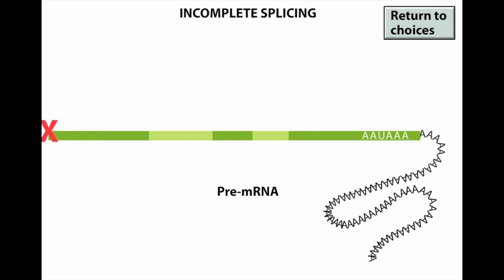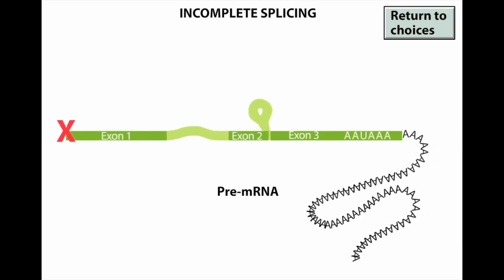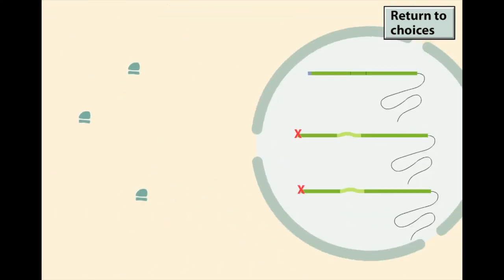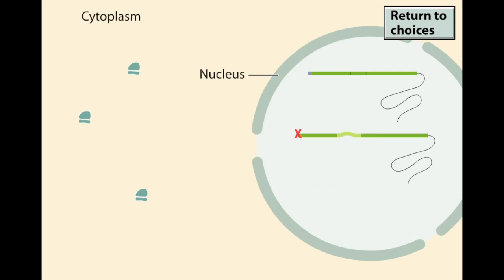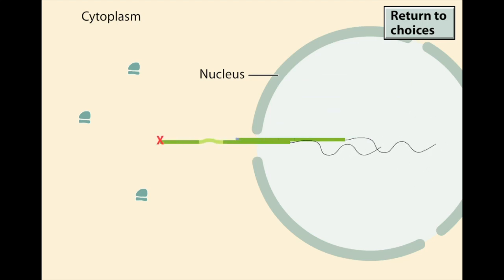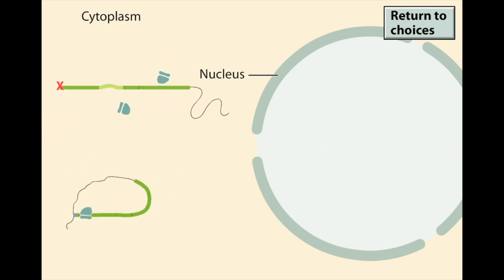First, the lack of a 5' cap will affect the removal of introns. Second, mRNA that lacks a 5' cap is less stable and will quickly degrade compared with mRNA that has a 5' cap. Finally, if mRNA lacking a 5' cap is transported into the cytoplasm, the ribosome will not recognize the mRNA, and the mRNA will then degrade.